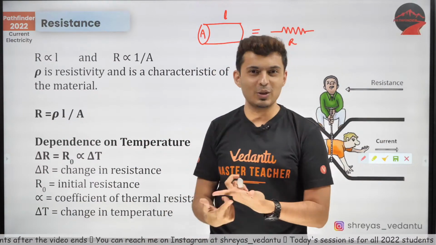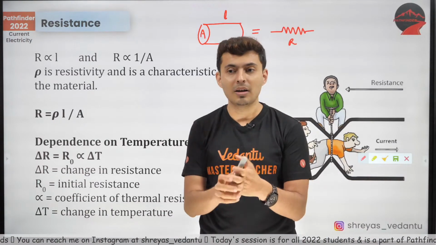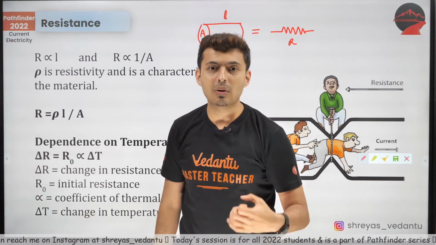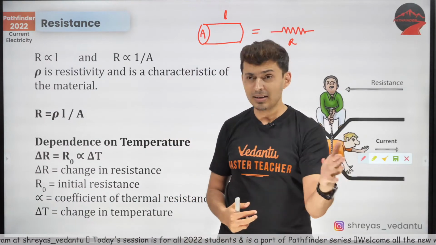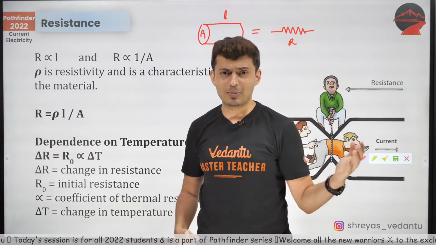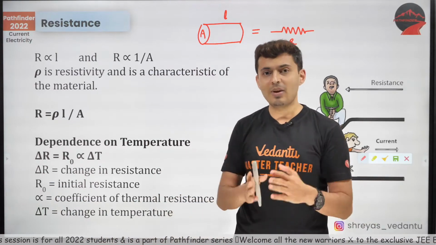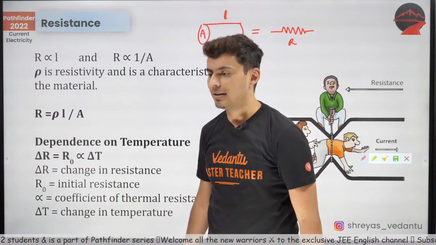It's like coefficient of friction, or like density. Density depends on which material you are talking about. Density of wood is different from density of water, which is different from density of aluminium. Same way, resistivity is a property of the material.